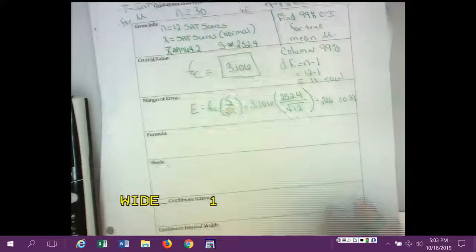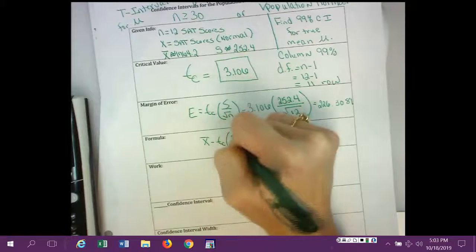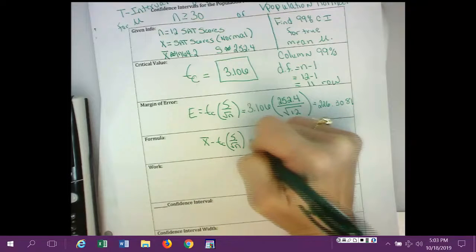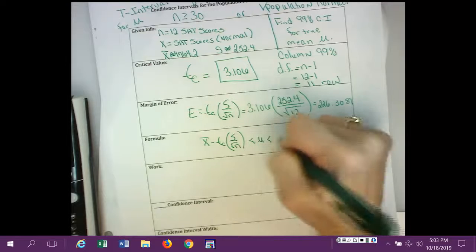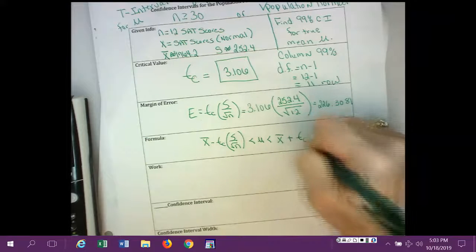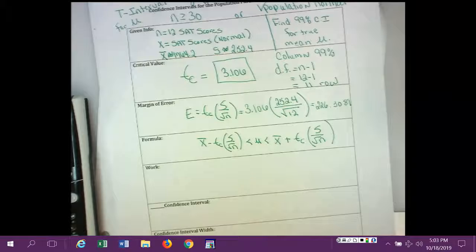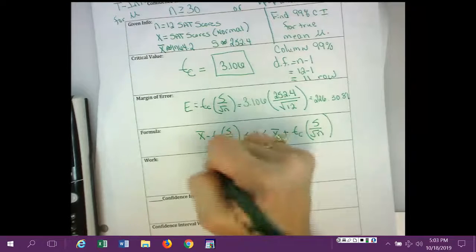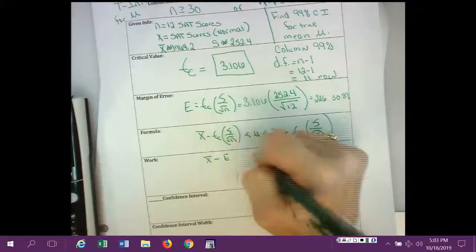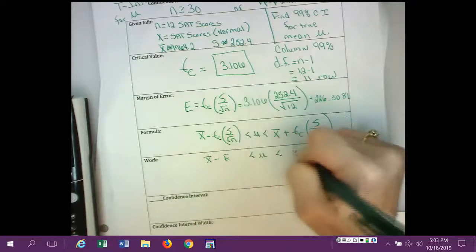Formula. I am going to write it down because we need to know that this is a t and not a z. But when I go to show my work in terms of formula, I'm going to do x bar minus e and x bar plus e.